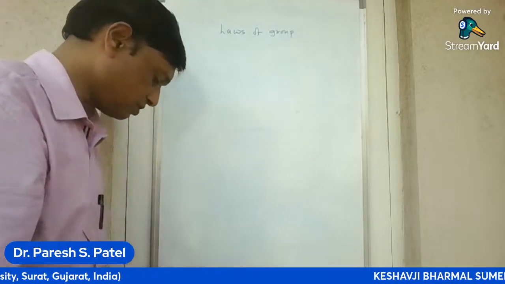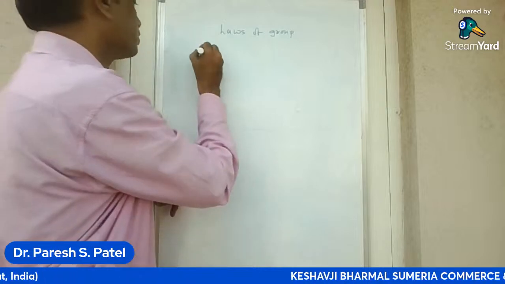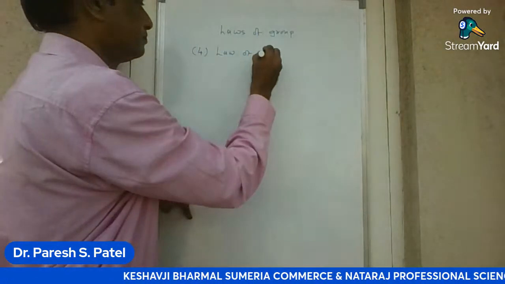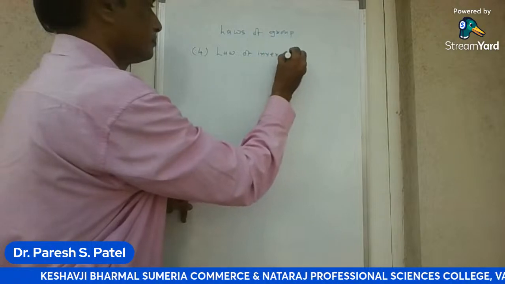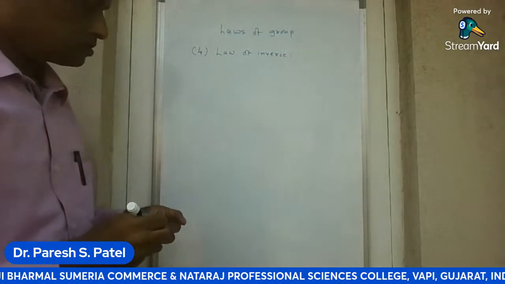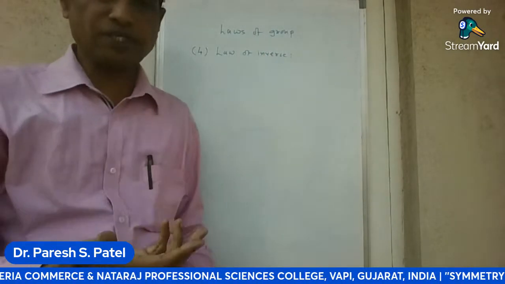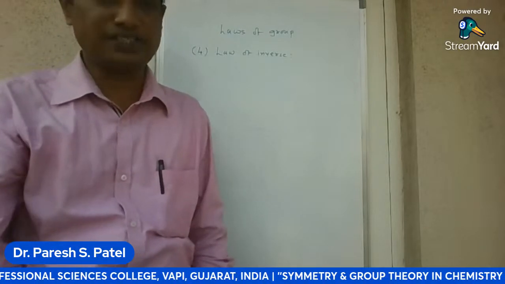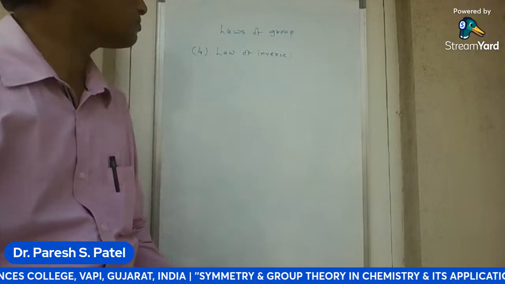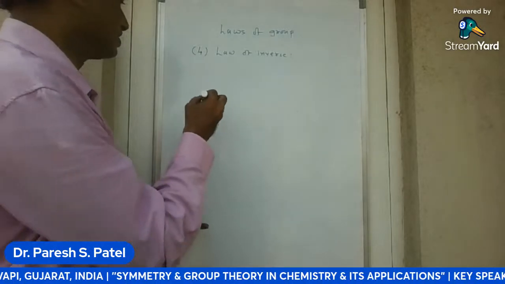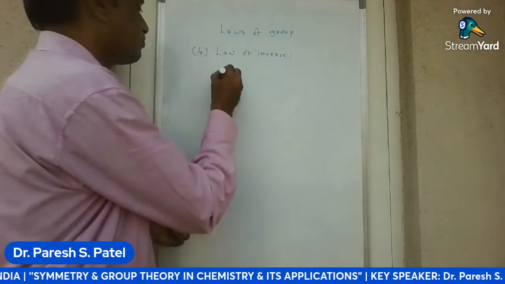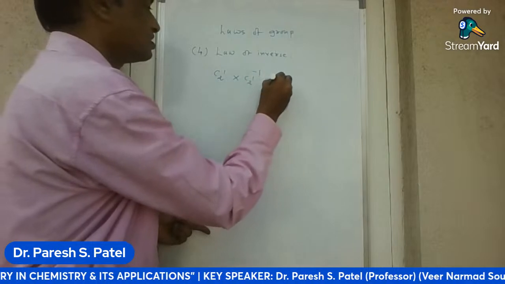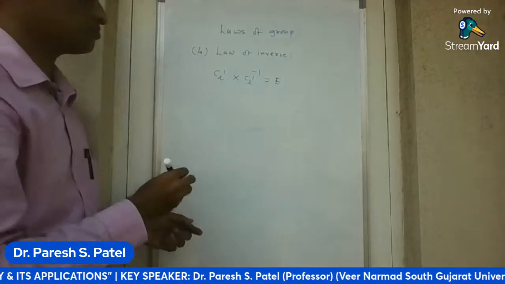Now the last law of a group is the law of inverse. The combination of any symmetry operation and its inverse, the answer will be the identity. This is known as the law of inverse. As for example, in case of the water molecule, C2 into C2 inverse, the answer will be the identity.